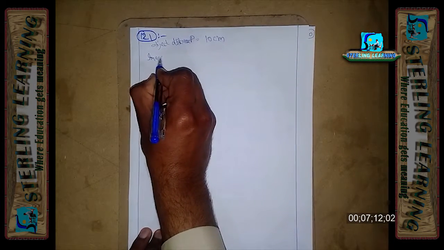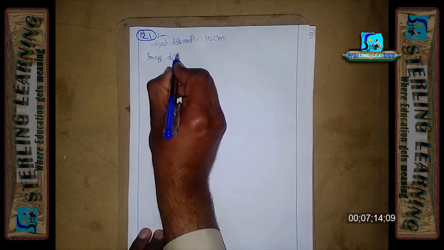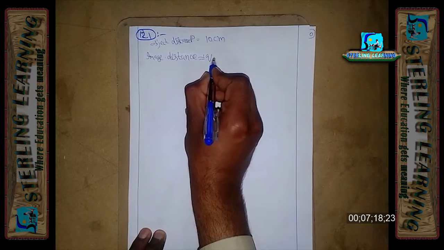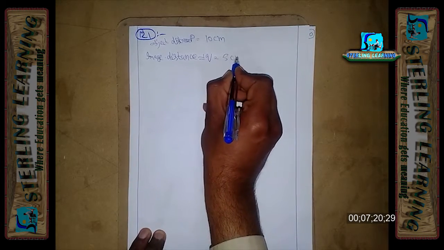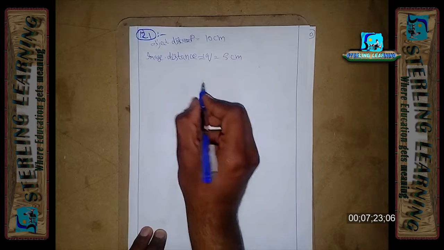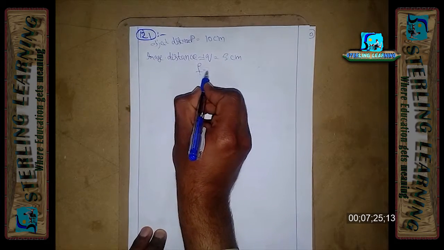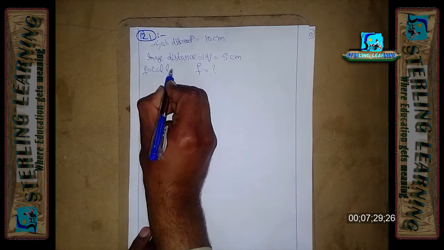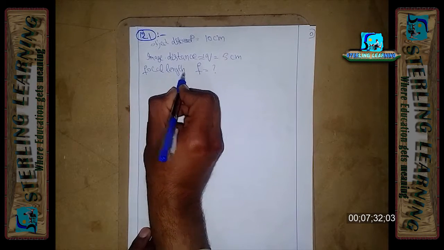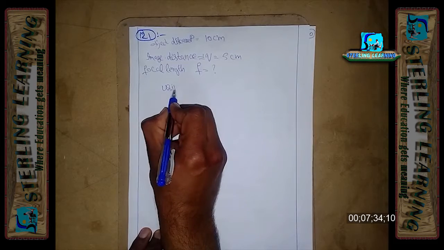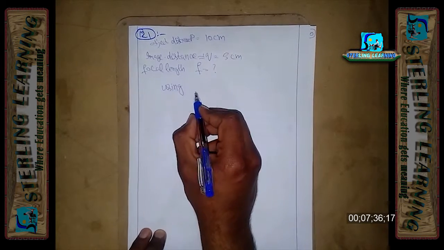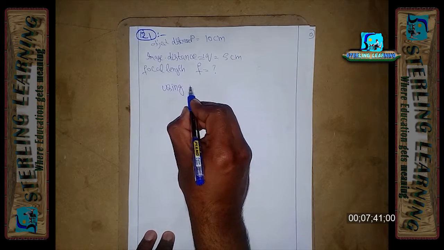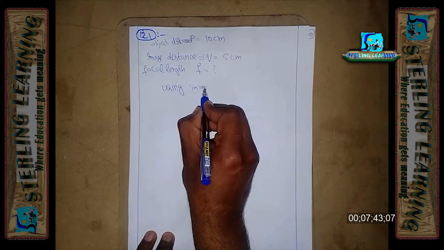Image distance Q is equal to 5 centimeter. We need to find the focal length F, using the image location formula.